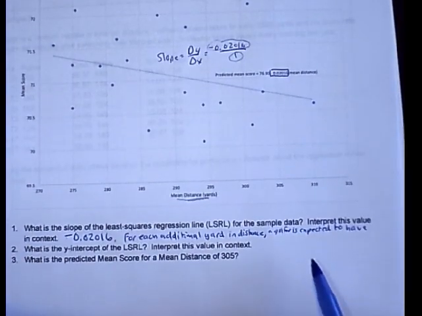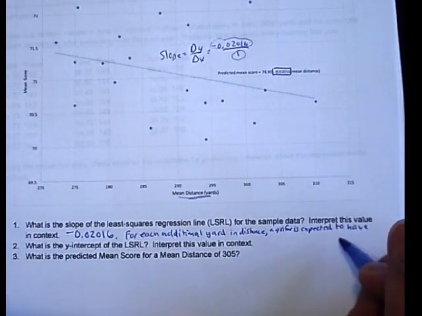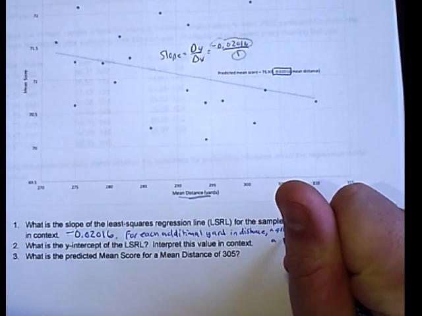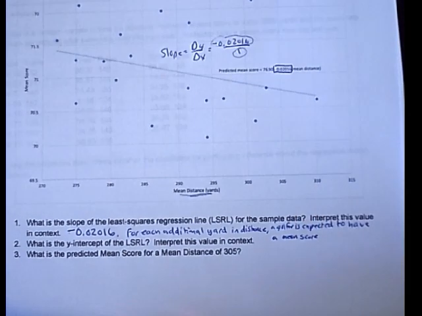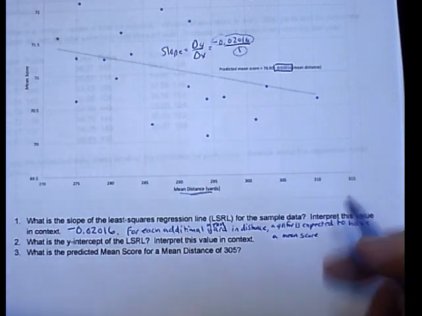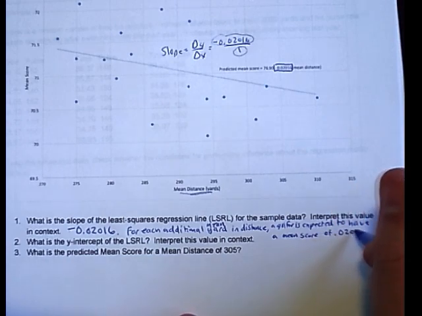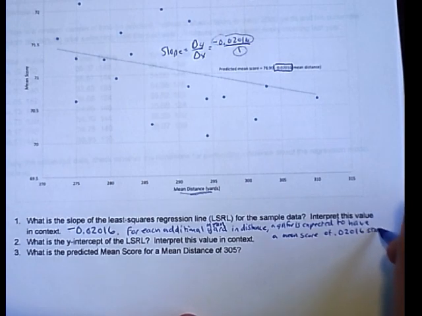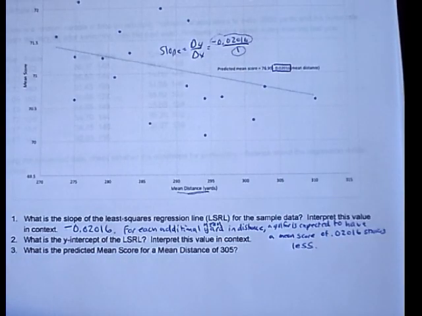Remember, in golf, a lower score is better. So a golfer is expected to have a mean score. Maybe I'll put this: for each additional mean yard in distance, the golfer is expected to have a mean score of 0.02016 strokes less. So that would be the meaning of my slope in this case.